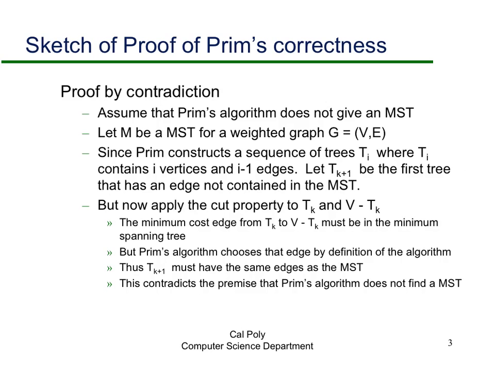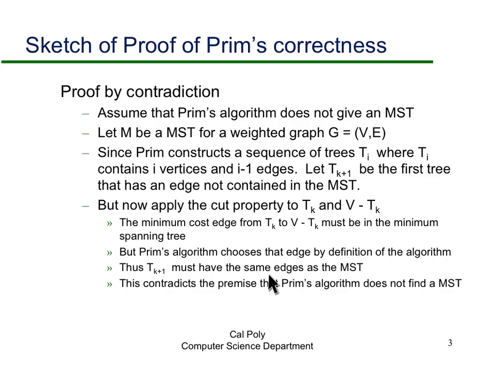But Prim's algorithm chooses that particular minimum cost edge, by the definition of the algorithm. It picks the minimum cost edge between two sets, namely the set of vertices in the existing tree, in this case TK, and the set of vertices not in the last tree that it constructed, so V minus TK.